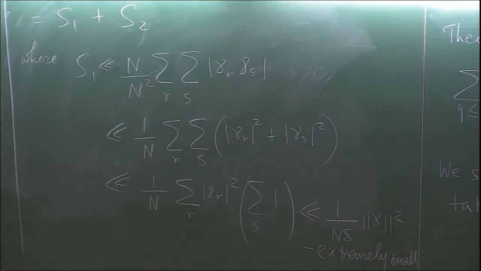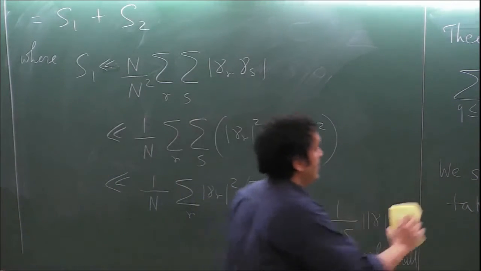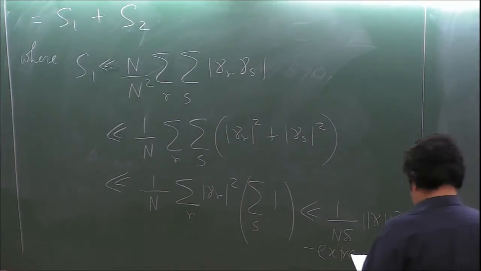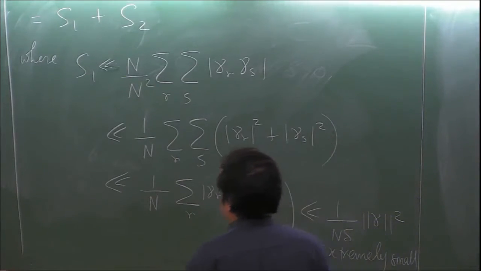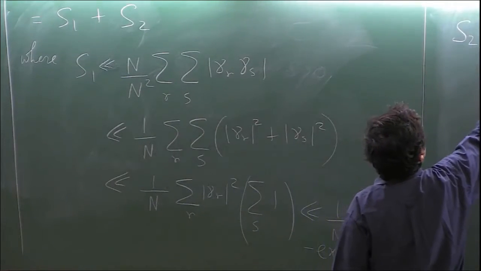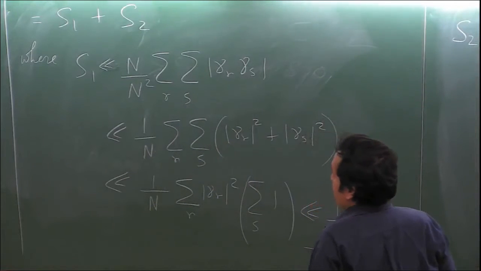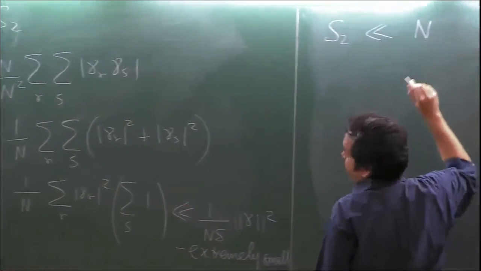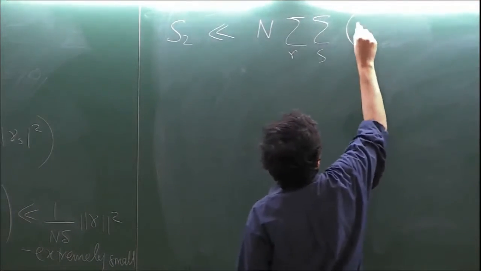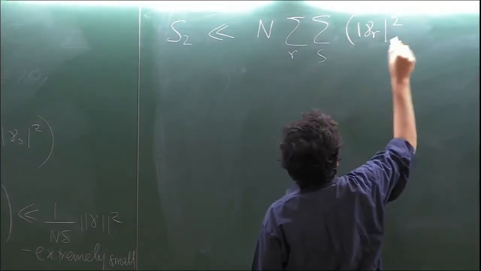So I will now handle the sum S2. So for S2 is bounded by, so n is there, and Rs. So again, I will bound this product by the sum of squares.